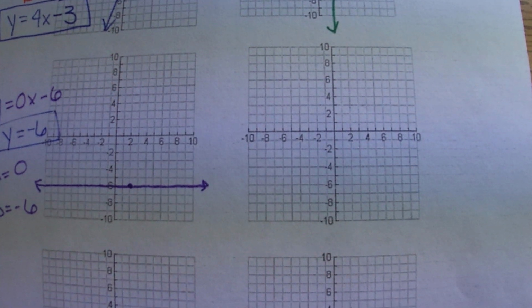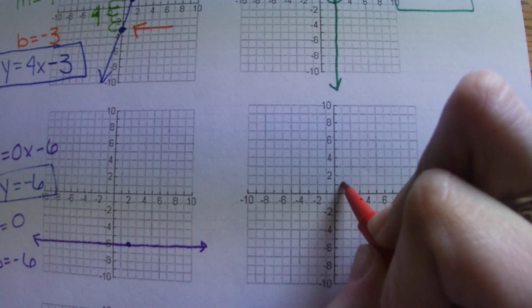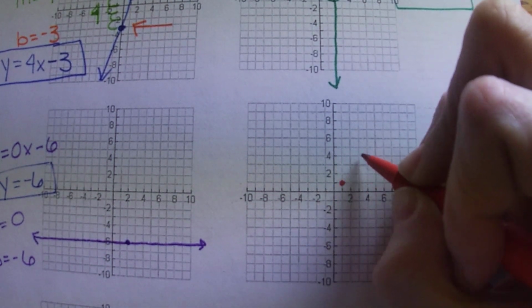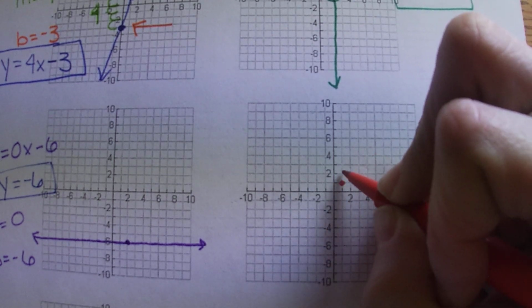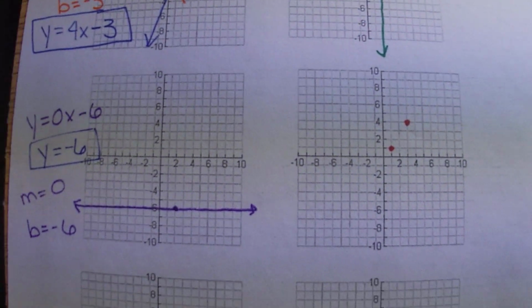Last one we're going to look at here. I am going to put a point at 1, 1. And then I am also going to put a point at 3, 4.